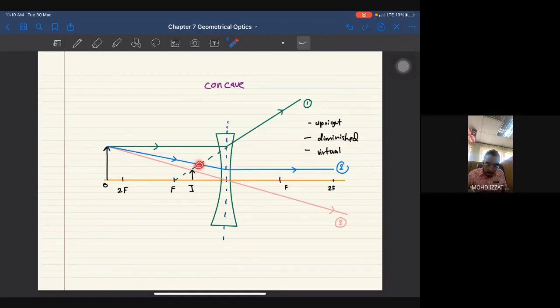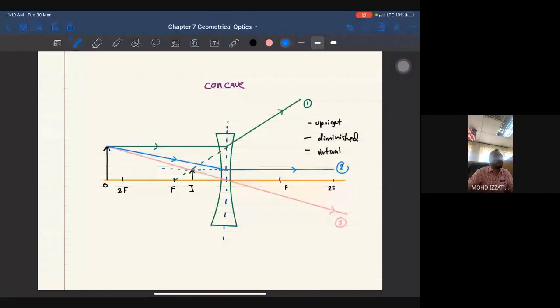Tapi the image is actually not over here because ini lights baru masuk. It doesn't have been refracted yet. Dia belum being refracted. So, kamu kena bikin echo untuk yang dah refracted, which is that one. So image position should be the same. So it's actually over there lah.